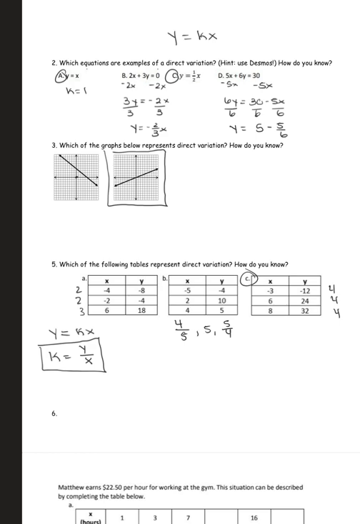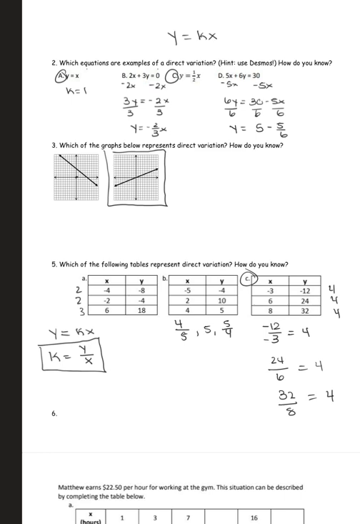So if we take a closer look at the last table, we have -12 divided by -3, that gives me 4. 24 divided by 6, which gives me 4. And 32 divided by 8, which gives me 4. So I have a constant of 4 for this table.